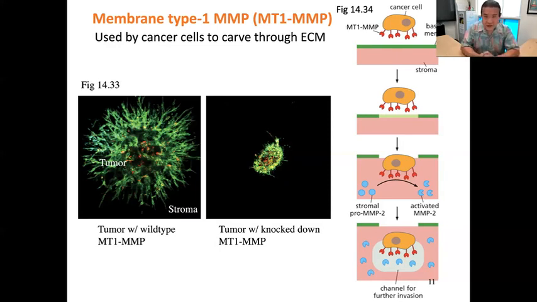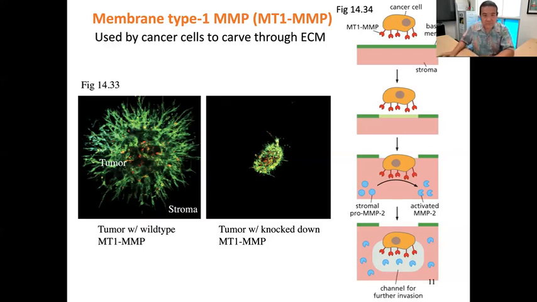So the expression of matrix metalloproteinases, right? These are those proteases that are normally expressed by macrophages to digest away the ECM. What if the cancer cell itself improperly reactivates or turns on the expression of certain proteases like this?